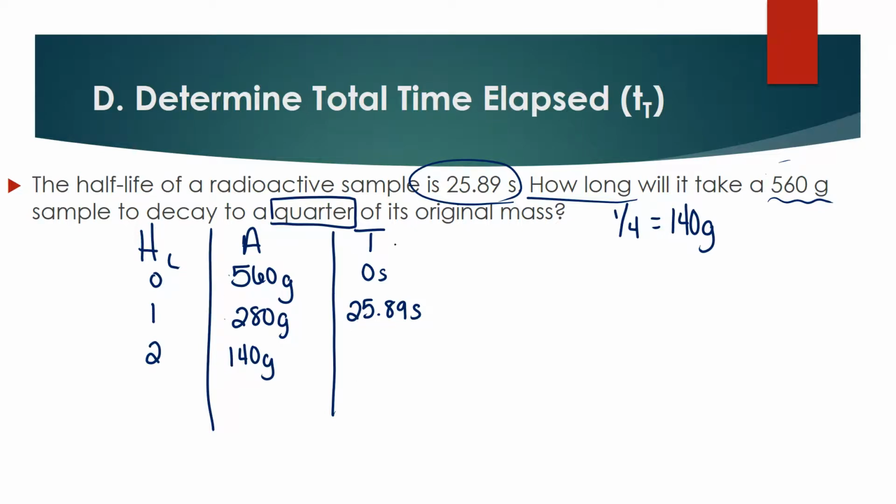So in order for this next half-life to happen, we just add these together. So after 25.89 seconds, to go on to our second half-life, we add that second amount. So we add that 25.89 and we get an answer of 51.78 seconds. And that is our final answer. So to go from 560 to 140 grams, it took 51.78 seconds.